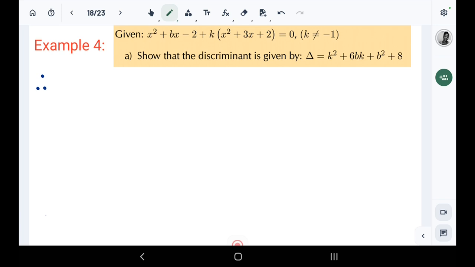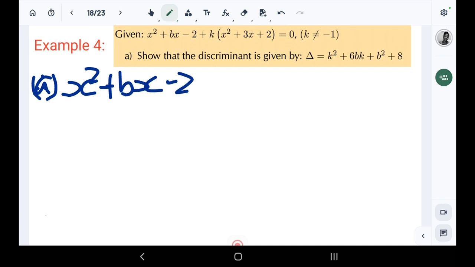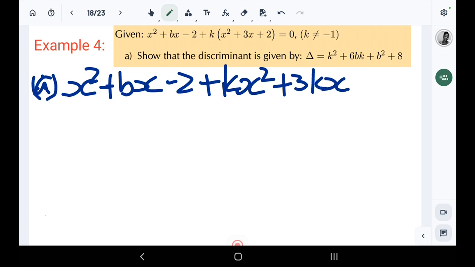So let's go. That's x squared plus bx minus 2 plus kx squared plus 3kx plus 2k is equal to 0.